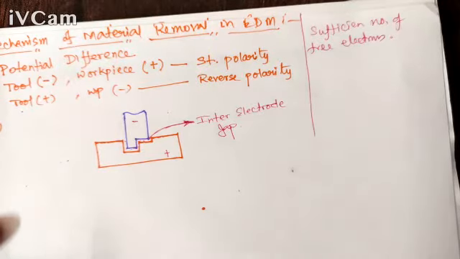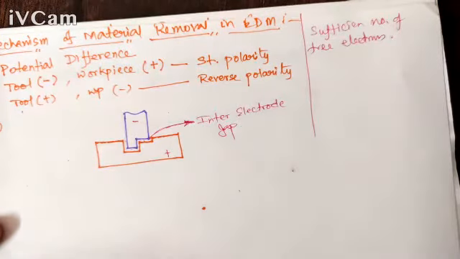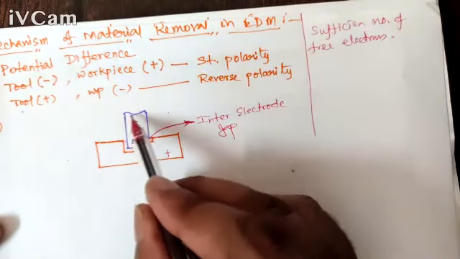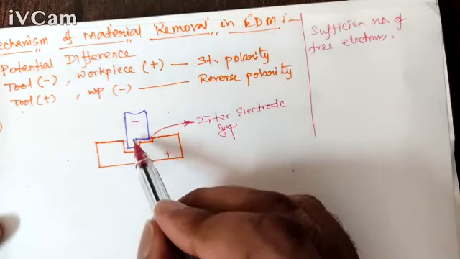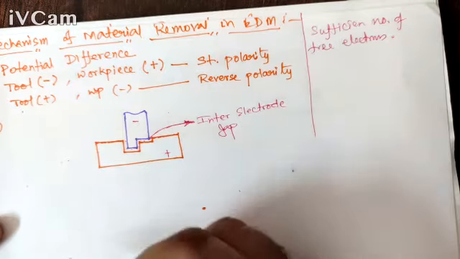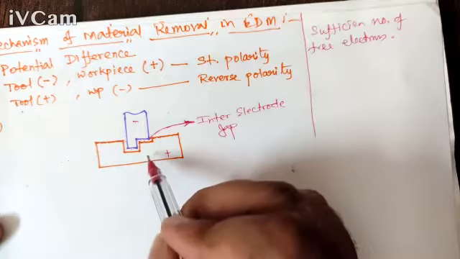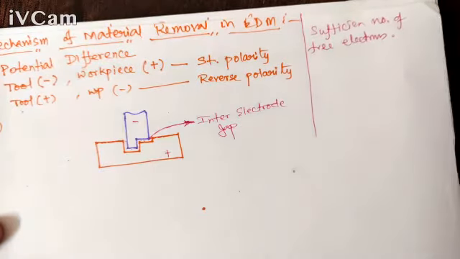These free electrons move from one place to another, and then only will current flow. We have given some connection. In the tool we will have more electrons, or negative ions, and in the workpiece we will have more positive ions.